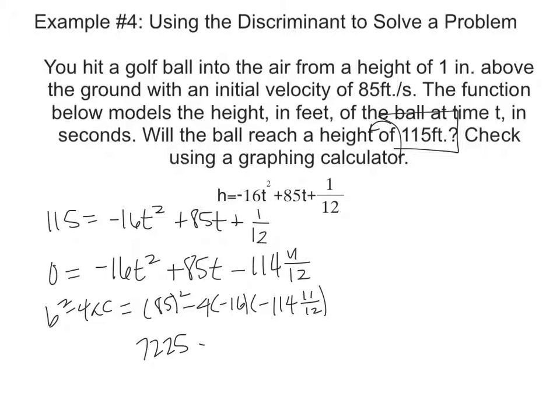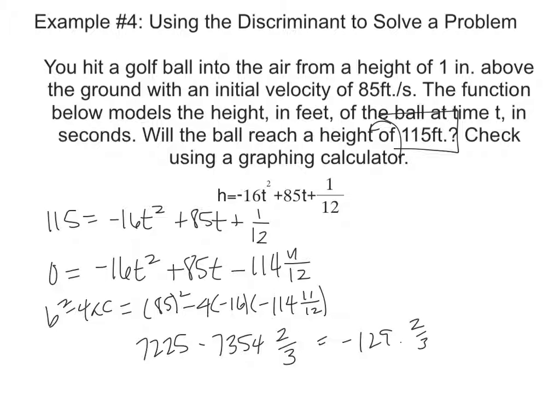That's going to give us negative 7,354 and 2/3. Then 7,225 minus 7,354 and 2/3 will give us negative 129 and 2/3.